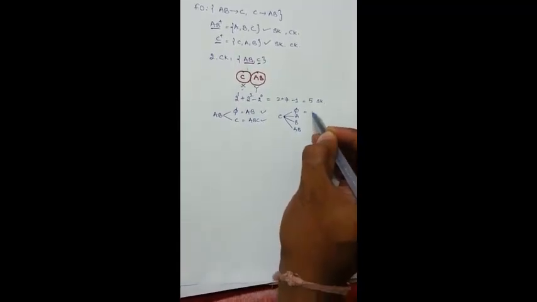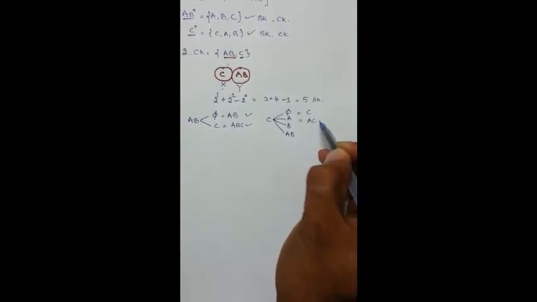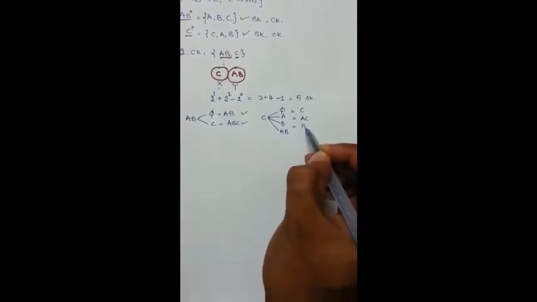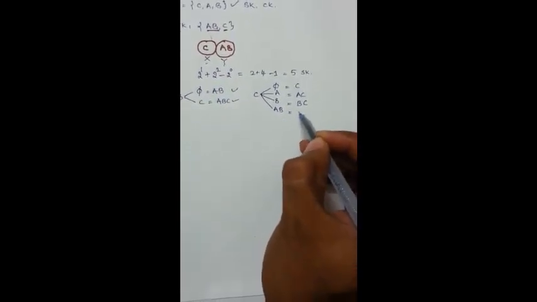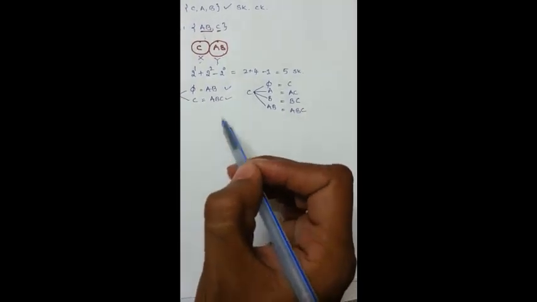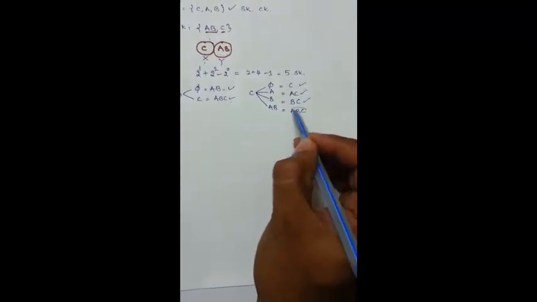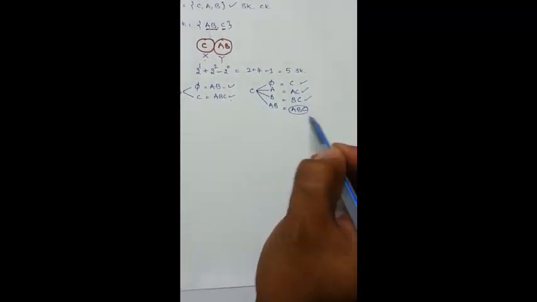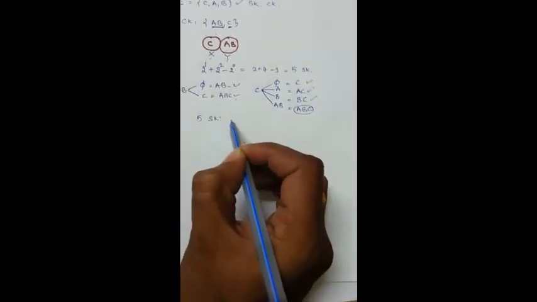That is C with phi, C; C with A, AC; C with B, BC; and AB with C, that is ABC. The total super keys are AB, ABC, C, AC, BC, where ABC is repeated. Total number is 5 super keys. Totally 5 super keys of this relation.